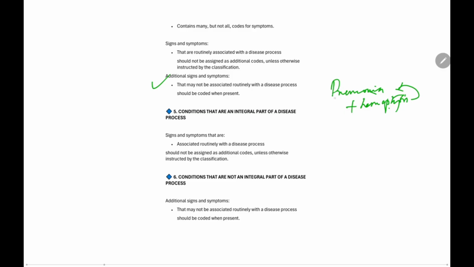It is not associated with pneumonia, but the symptom is majorly affecting the patient and giving additional signs and symptoms along with the pneumonia symptoms. Then you can code this one. Symptoms that are not associated with the disease process should be coded when present. These are the 1, 2, 3 scenarios.